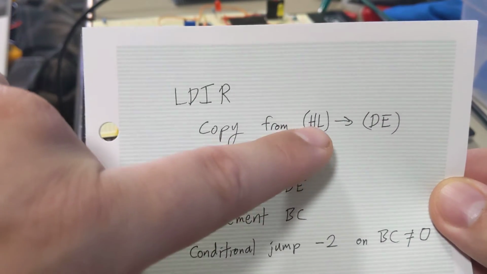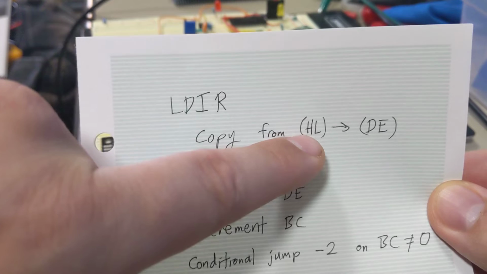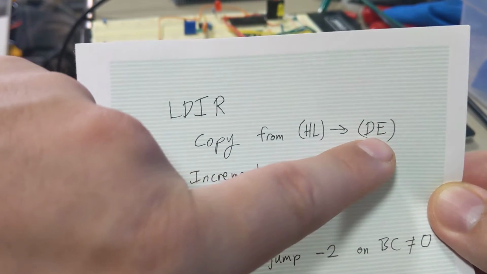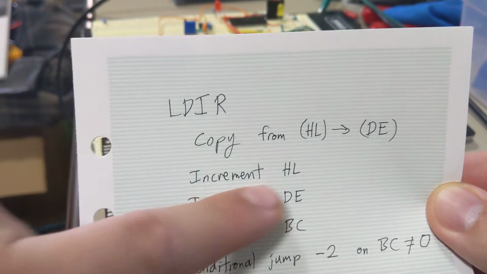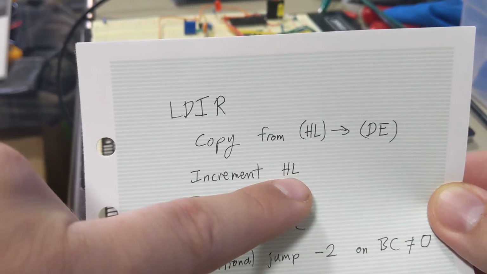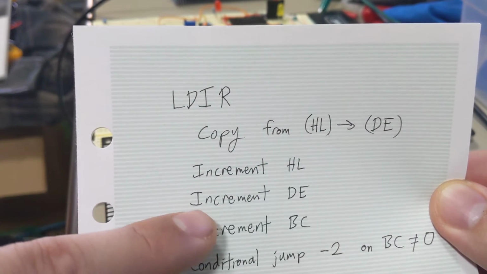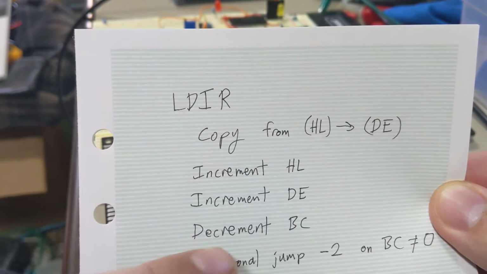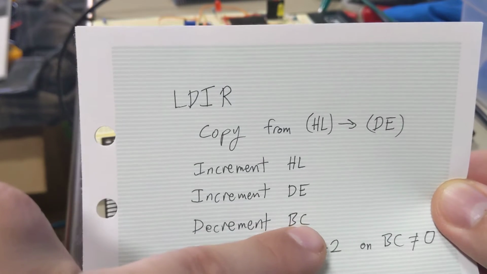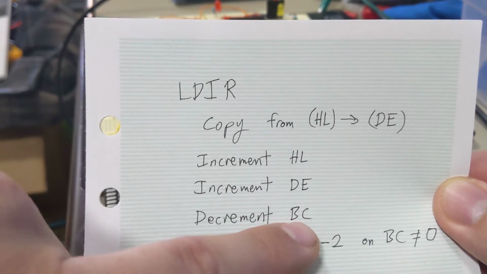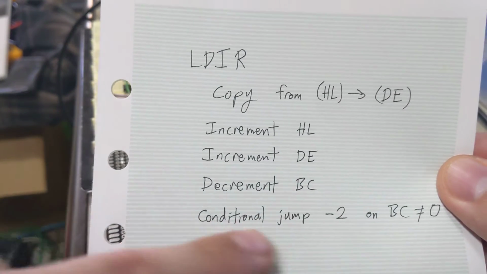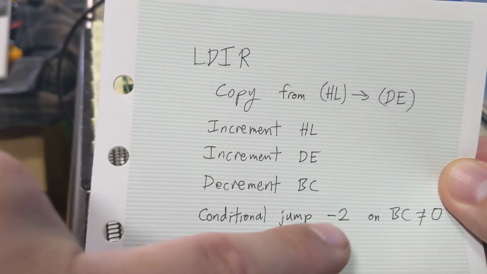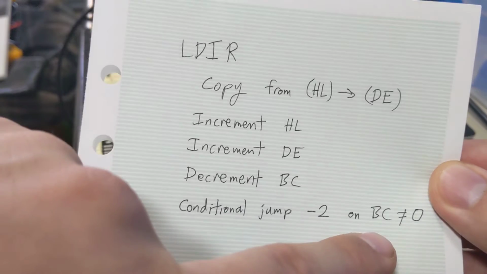So it reads whatever memory contents is at HL, writes it to DE, then increments HL so it's pointing at the next source byte, increments DE so you're pointing at the next destination byte, and then decrements BC, because we've copied a byte. Then it does a conditional jump back, program counter decremented by 2, if BC isn't 0.